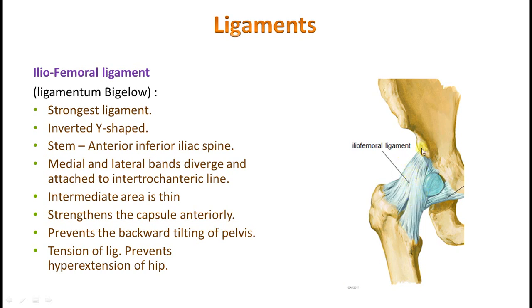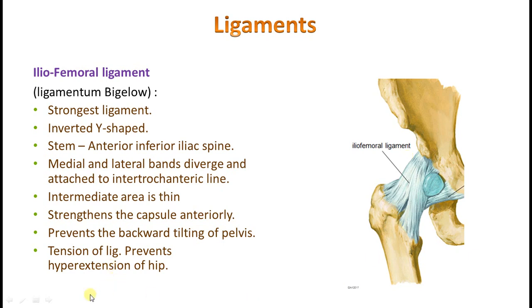So naturally there is a tendency for us to tilt backwards, to fall backwards. That is prevented by the pull of the iliofemoral ligament. Because of gravity we tend to fall backwards, and that is counteracted by this iliofemoral ligament. So now you can understand why it is a very strong ligament.